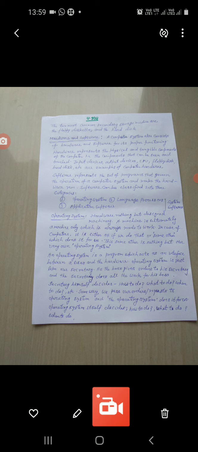Software can be classified into three categories, that is operating system, language processor, and application software. These are called system software. Now we will discuss one by one what the operating system, language processor, and application software are.